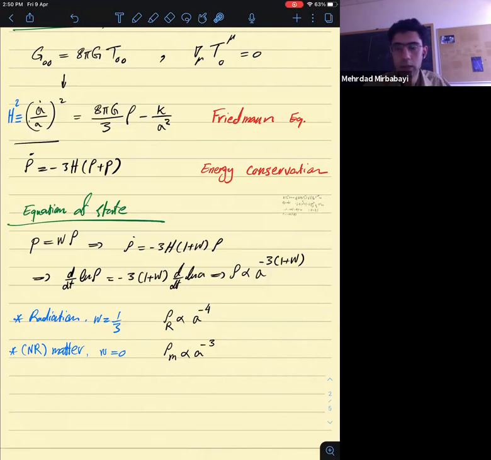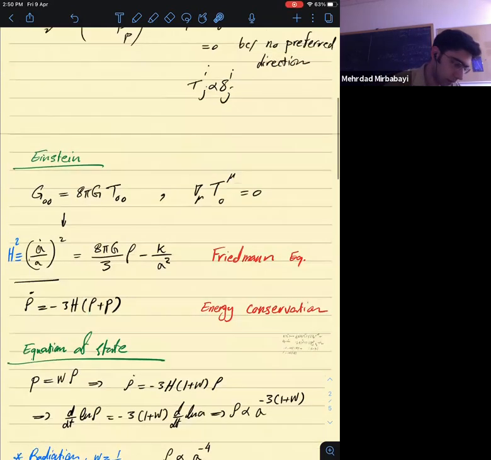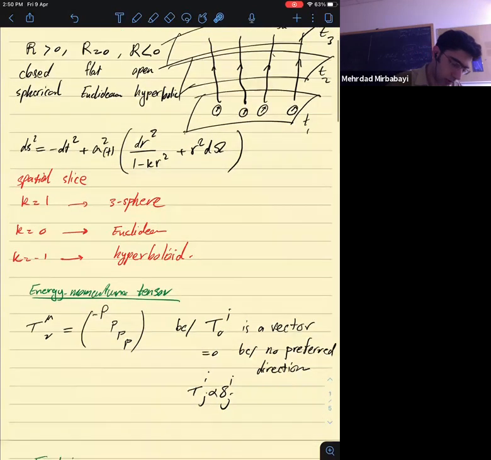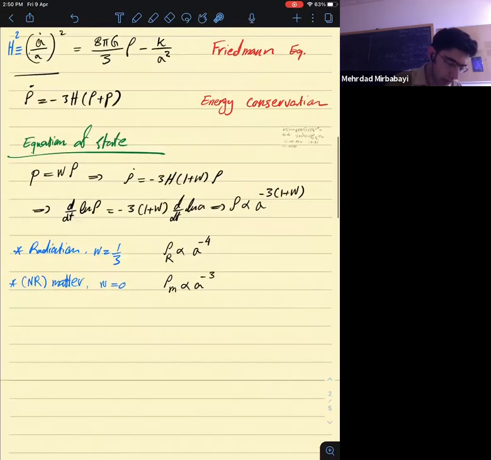Their energy comes from the rest mass, but the volume is expanding like a cube in this geometry, in a flat FRW geometry, right? Because if I calculate the volume of a box, it expands like a cube. So this is not surprising. The fact that rho goes as 1/a cubed is just the fact that the volume dilutes, the number of matter particles remains the same. So therefore, energy density goes as 1/a cubed.